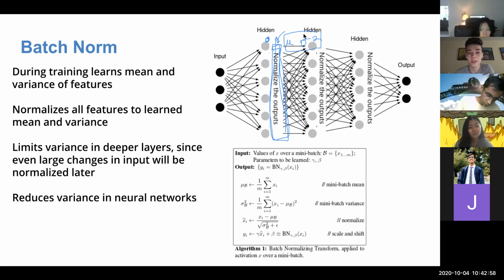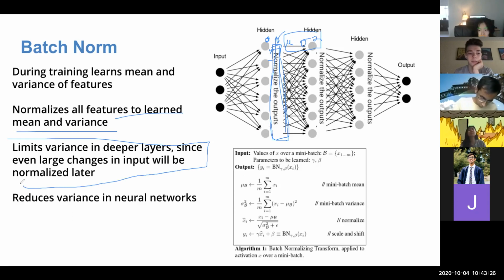While it's learning that, it also normalizes its inputs by this learned mean and variance. It subtracts your learned mean and divides by your learned variance. Since you're applying this to every output, it limits the amount of variance you have in deeper layers.